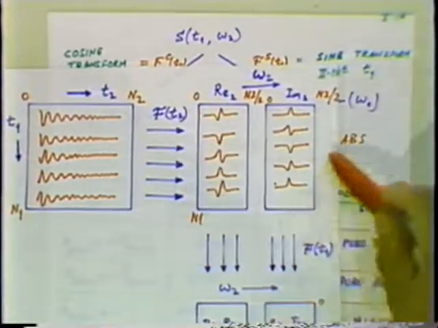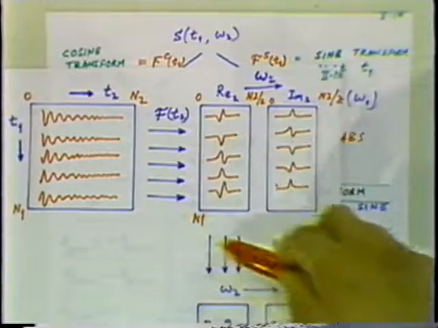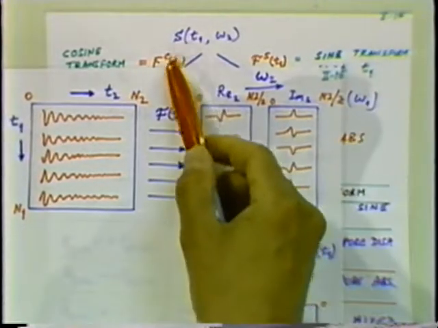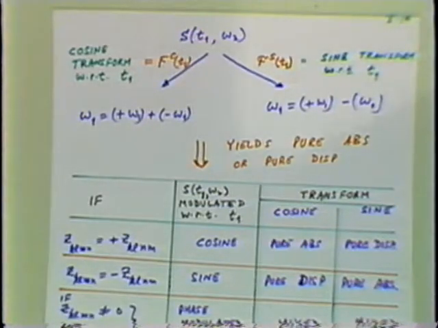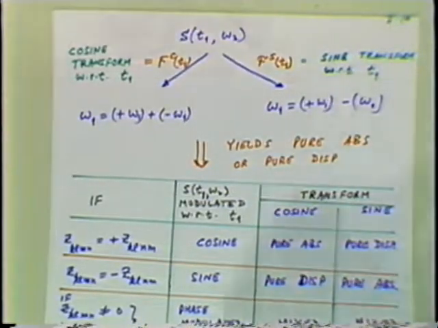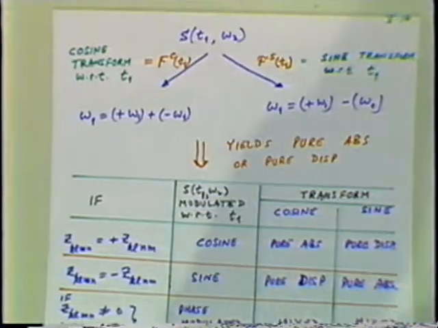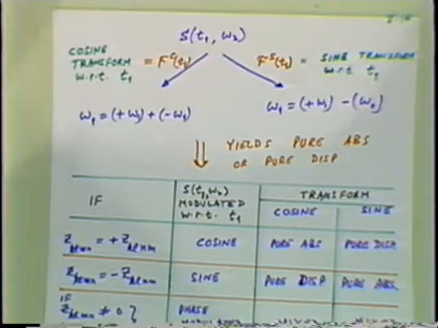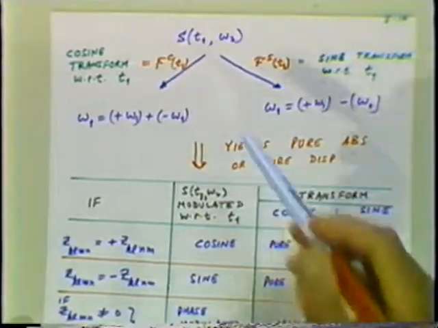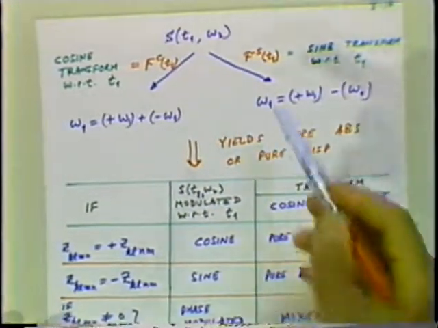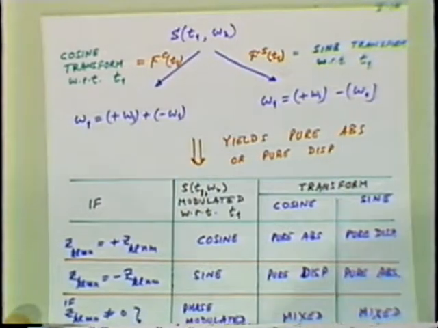If I am looking at this part of the data, then this is given by S_T1 omega 2, because I had taken only one channel, one detection in T2. I'm not doing quadrature in T2, and I want to see quadrature in T1. That's why we are looking at it at this point.